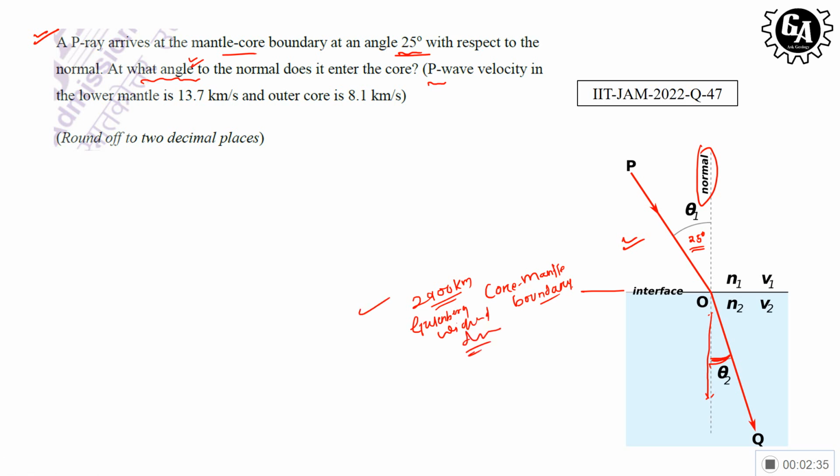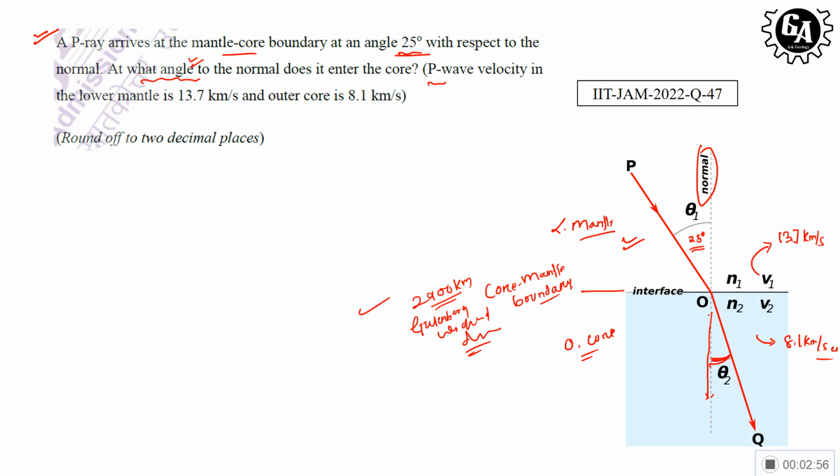So this is the lower mantle and this is the outer core. What are the velocities given? Here the lower mantle v1 is 13.7 kilometer per second, and v2 is 8.1 kilometer per second.